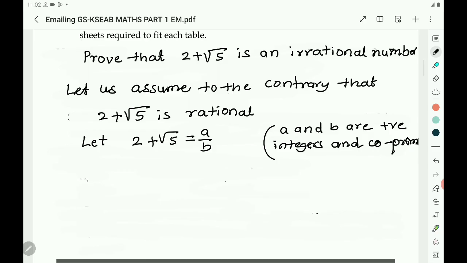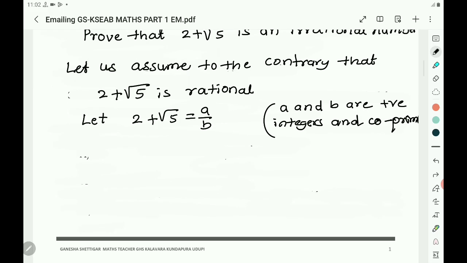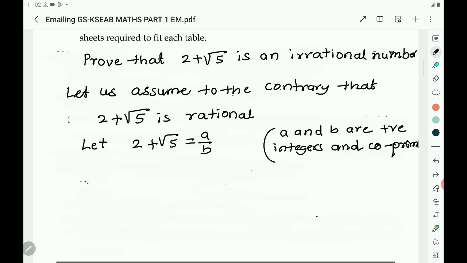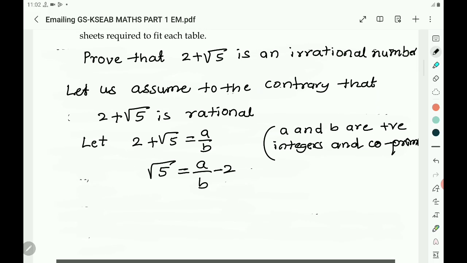Then here write root 5 in the LHS and transfer 2 to the RHS. That is root 5 equals a by b minus 2. Here you take the LCM.